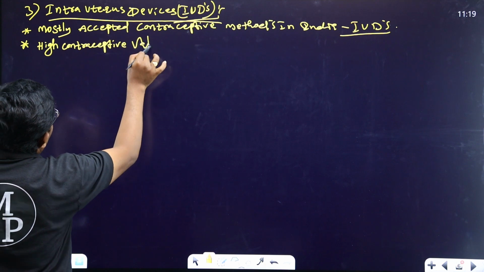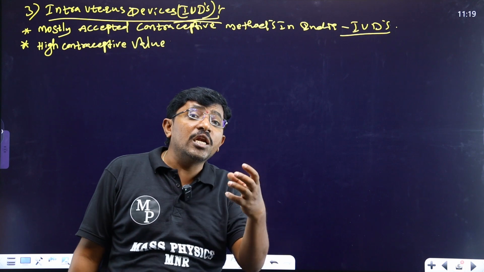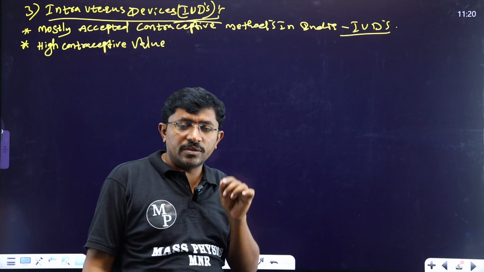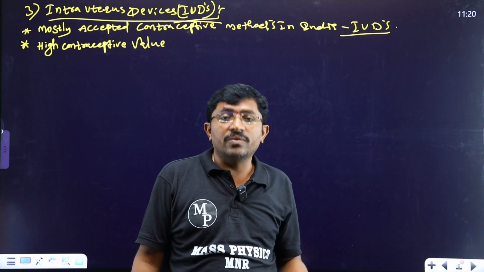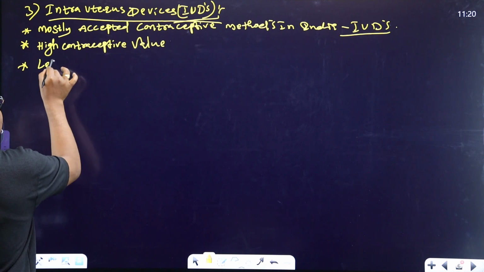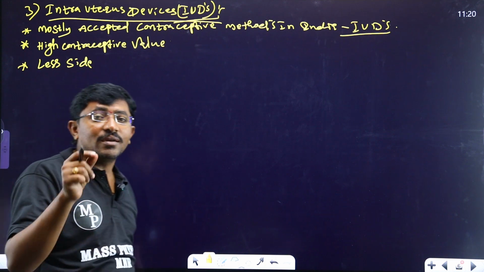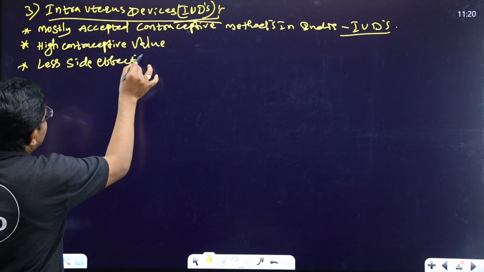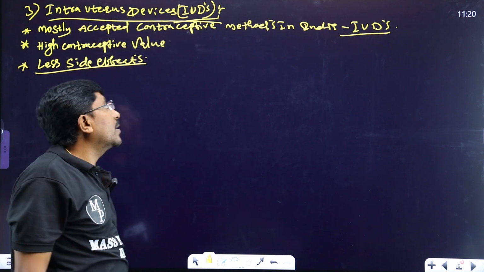High contraceptive value means they maximally prevent conception. Understood? And there are fewer side effects. Less side effects are there. Okay, it is one point here.